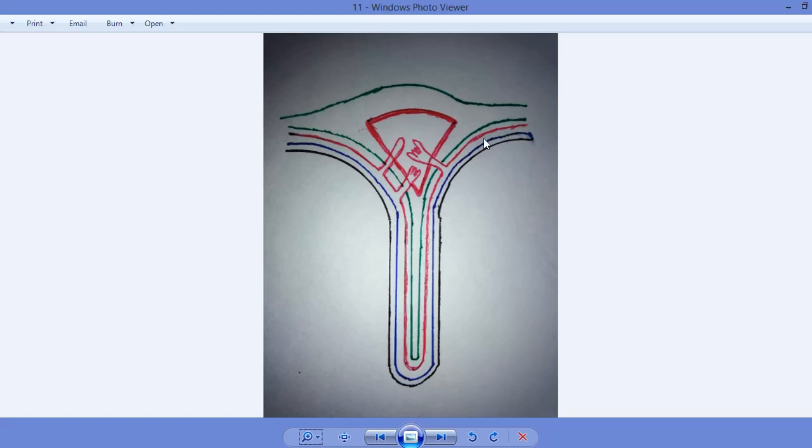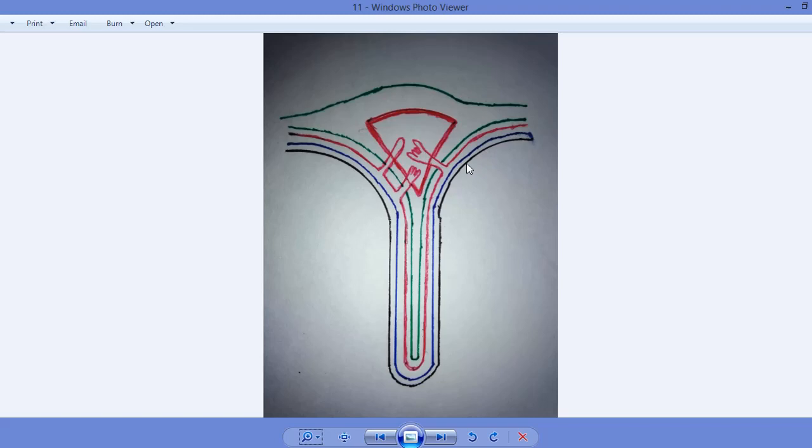The cerebrospinal fluid is also extended over here. The cerebrospinal fluid can also flow to this area, and when it flows to these protrusions, it will cross this portion and be absorbed into the venous return, into the superior sagittal sinus.